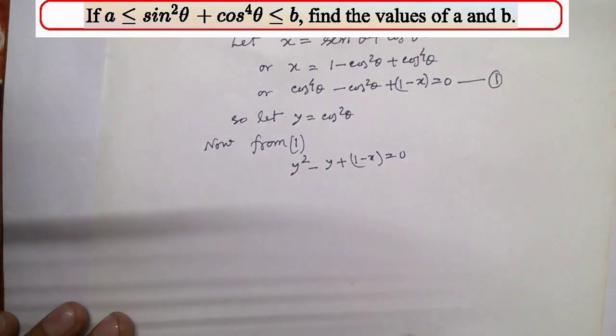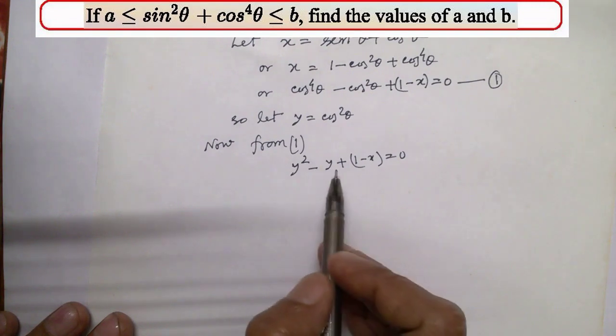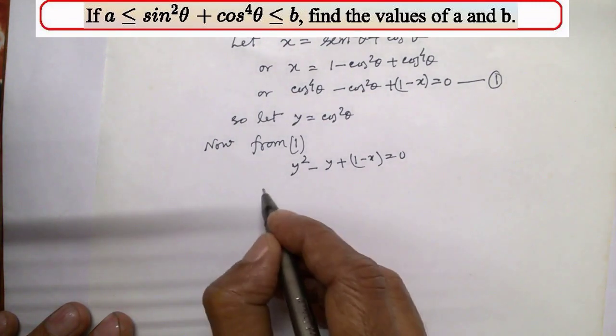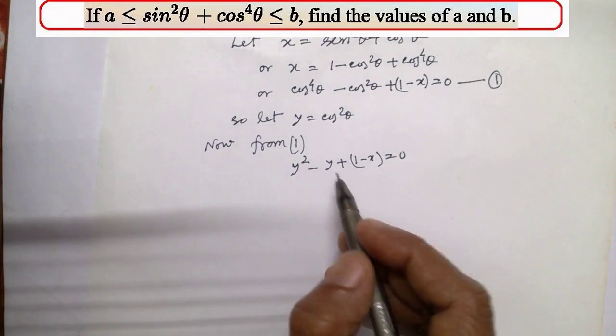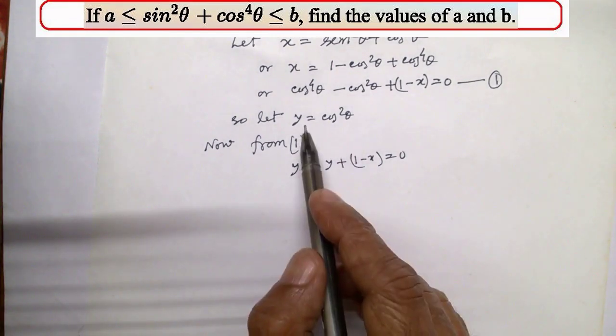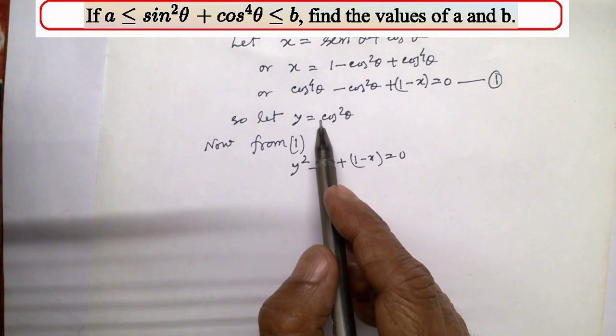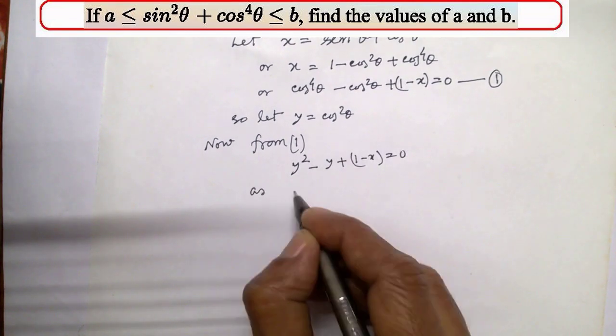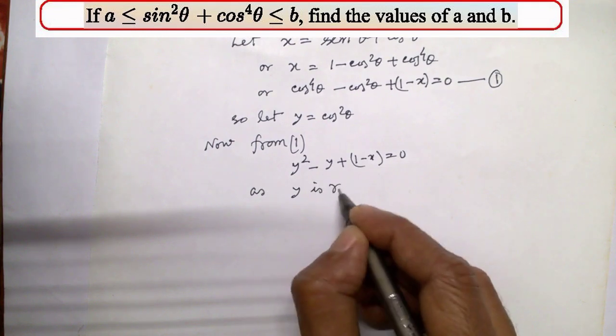This is a quadratic equation in y. Since cos square theta is equal to y, and cos theta is real, theta is real, y is real.